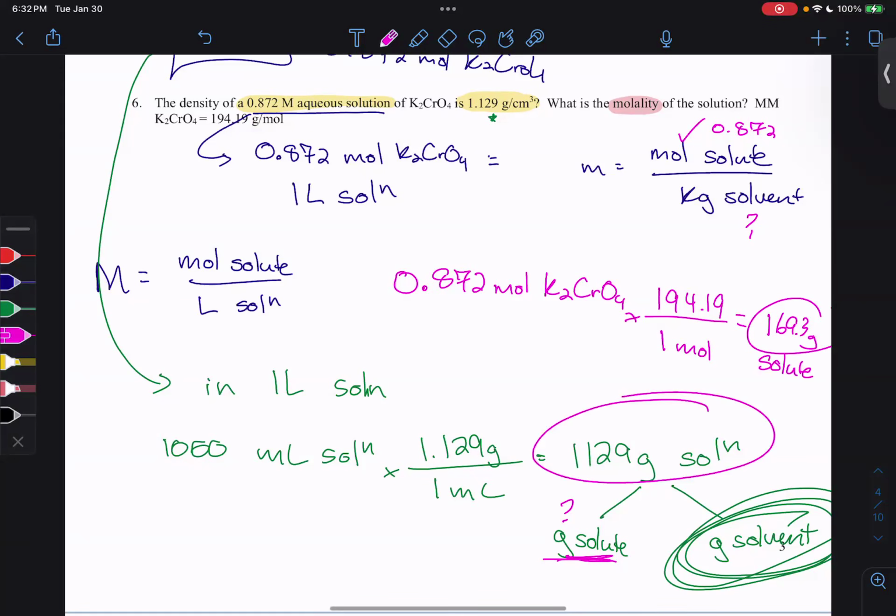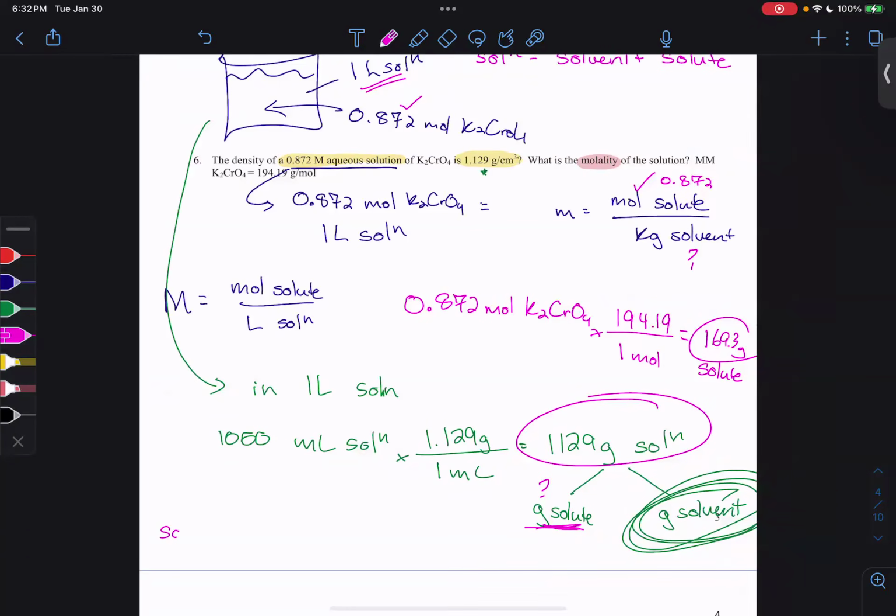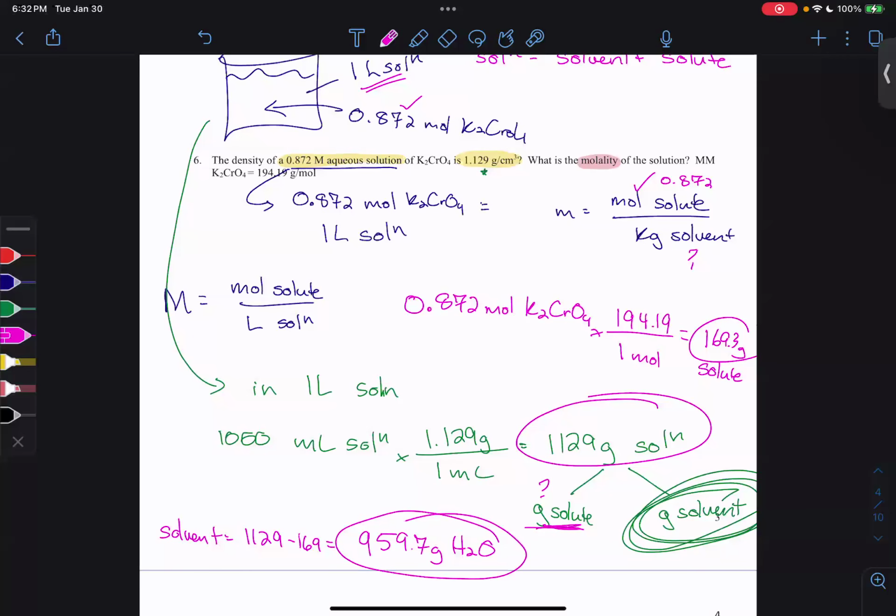Our solution weighs 1,129. So that means our solvent is going to weigh 1,129 minus 169. So our solvent actually weighs 959.7 grams of H2O. That's how much is water.